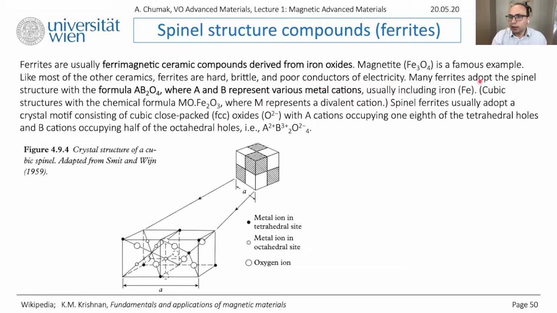Many ferrites adopt the spinel structure with the formula AB2O4, where A and B represent various metal cations, usually including iron.